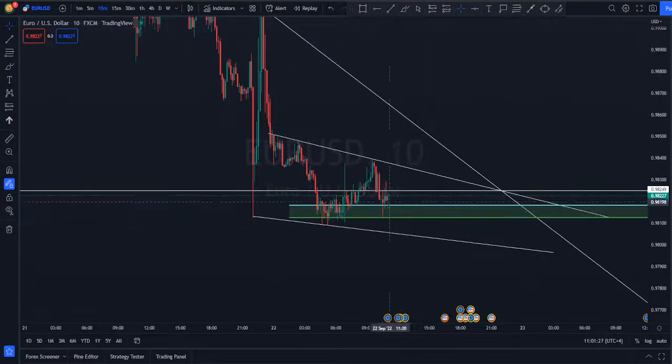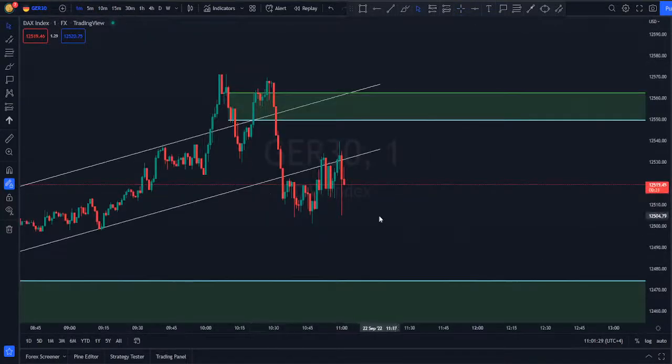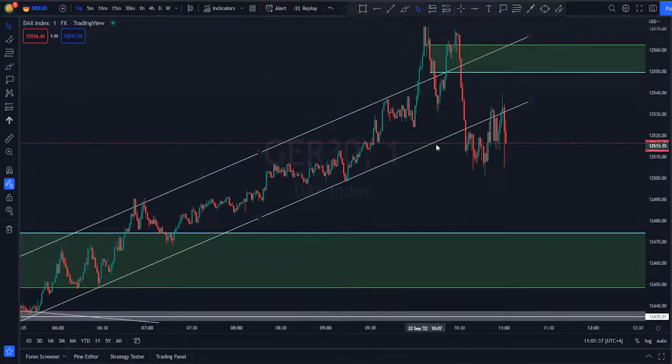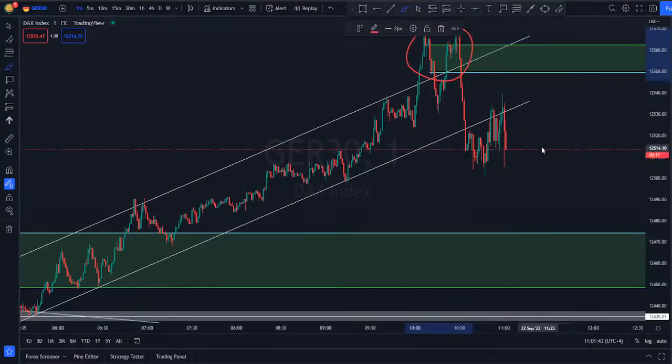Let's just pay attention to the German index now to see if we're going to get a very fantastic trade. Usually this setup, how it normally works, is once we get a fake out on the other side, we know that price is going to go down. So price either comes back, breaks out, and retests this level, or it just dwells on the line for some time before pushing down.